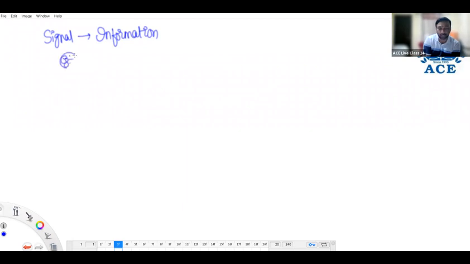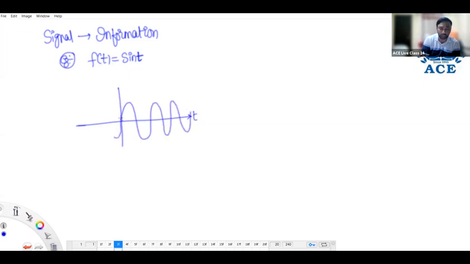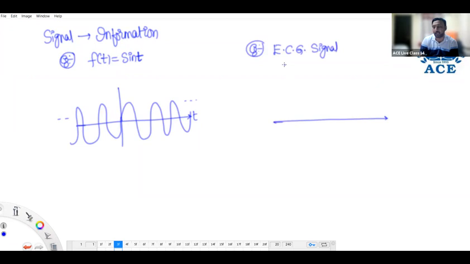Suppose, for understanding, you take f(t) = sin t, where the independent variable is time. Every one of us knows how to draw it, so we are not extracting anything new from it. But if you take a signal like ECG, electrocardiogram, to measure the heart patient's beat, generally the doctor checks this graph.